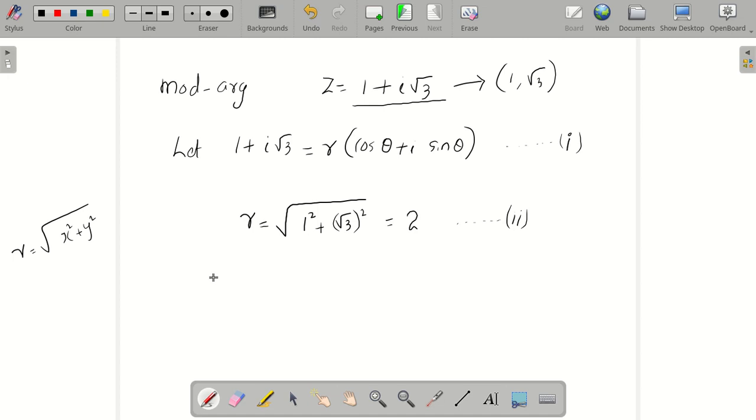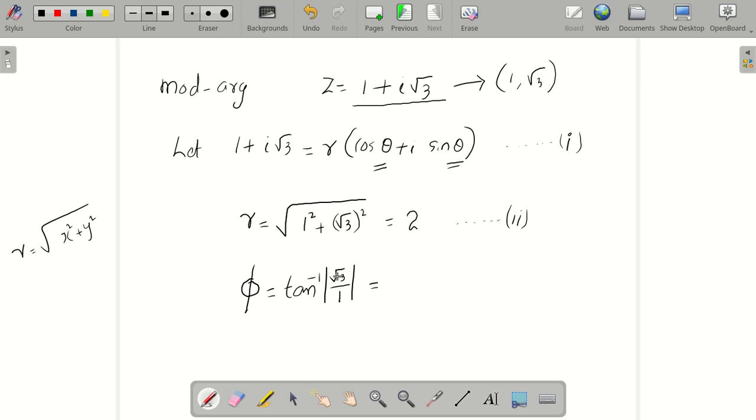Okay, now what we do is we find phi. Yeah, I know we have to find theta, but the first thing to do while doing a numerical is we find phi, so that it will be very easy to find theta. And phi is nothing but tan inverse modulus of the y coordinate. What's the y coordinate here? Yeah, root 3, the whole divided by 1.